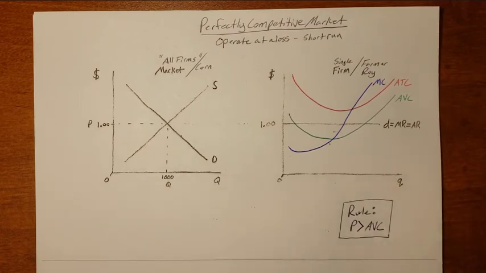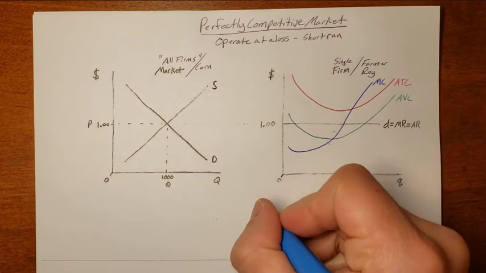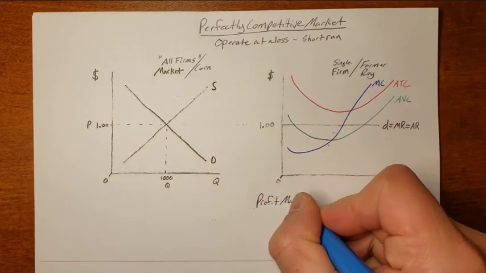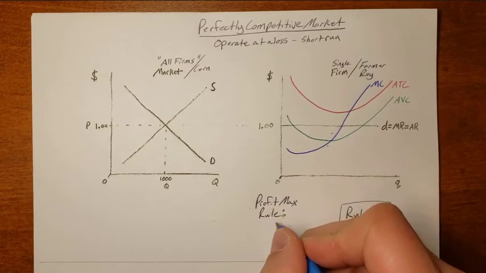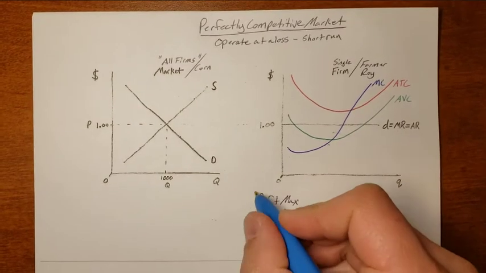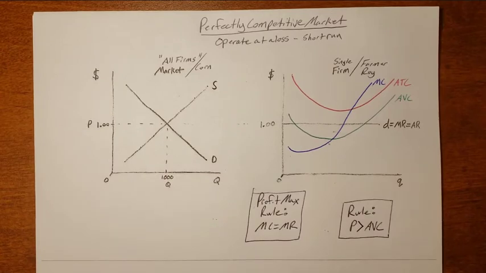So in this particular case, the same rule applies as always, which is that the profit maximizing rule is that you produce where your marginal cost is equal to your marginal revenue. Okay, so that's your profit maximizing rule, even when you're producing losses.